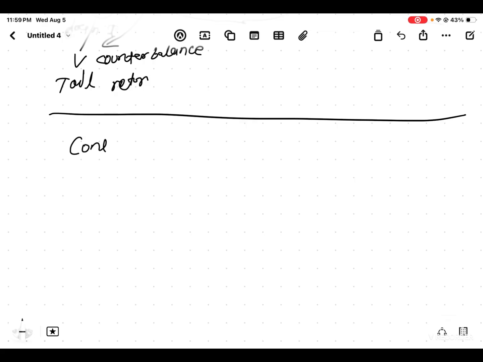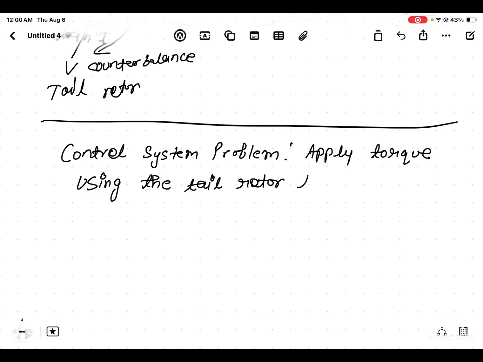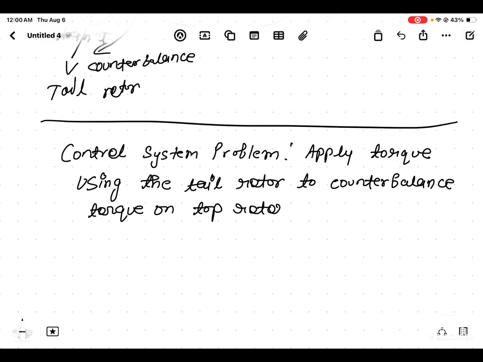So if we want to study this problem, I will say I only want to look at this particular problem, which is: apply torque using the tail rotor to counterbalance torque on the top rotor.